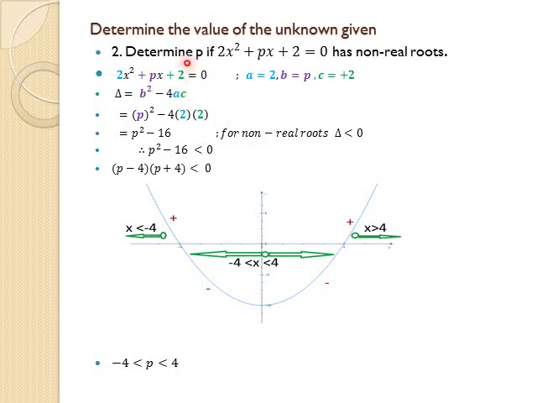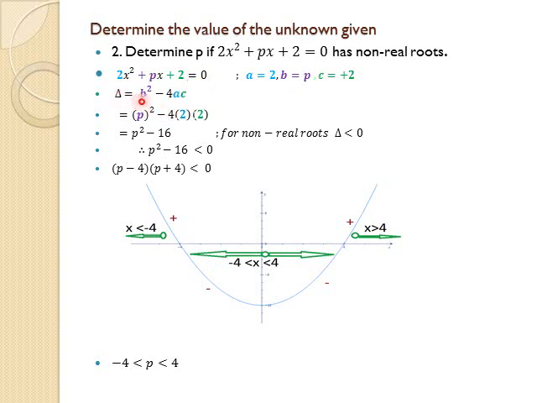Right, problem number 2. Determine p if 2x squared plus px plus 2 equals 0 has non-real roots. Right, non-real roots means the discriminant is less than 0. So again, I have 2x squared plus px plus 2, my a value being 2, b being p, and c being 2.